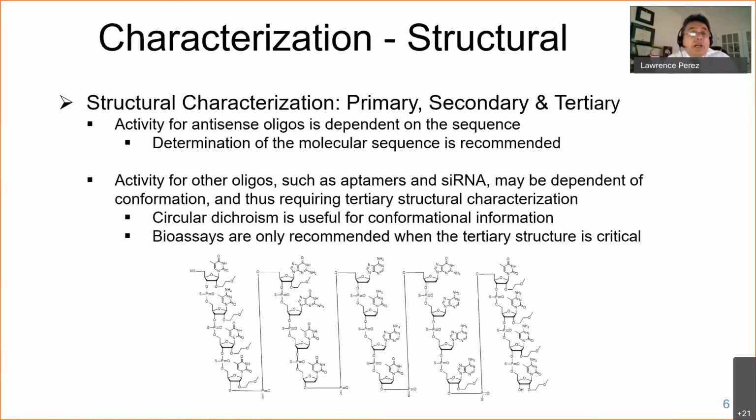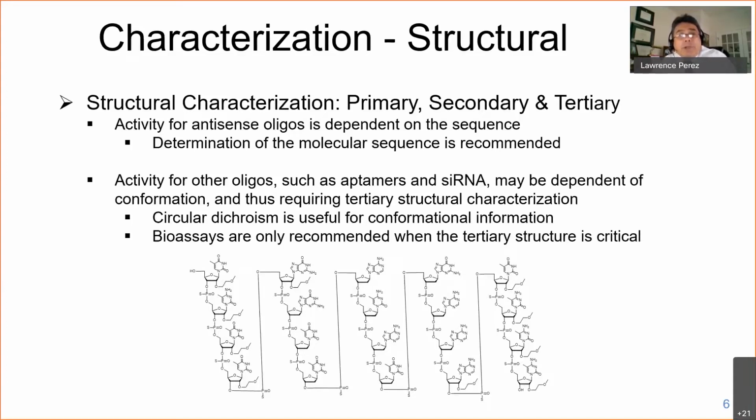Going on to characterization of the drug substance. Fortunately, the techniques and methods that have been used for years in the characterization of the structure of low molecular weight therapeutics, such as NMR, mass spec, IR, elemental analysis, can be applied to characterizing and confirming the structure of the oligonucleotide drug substance.